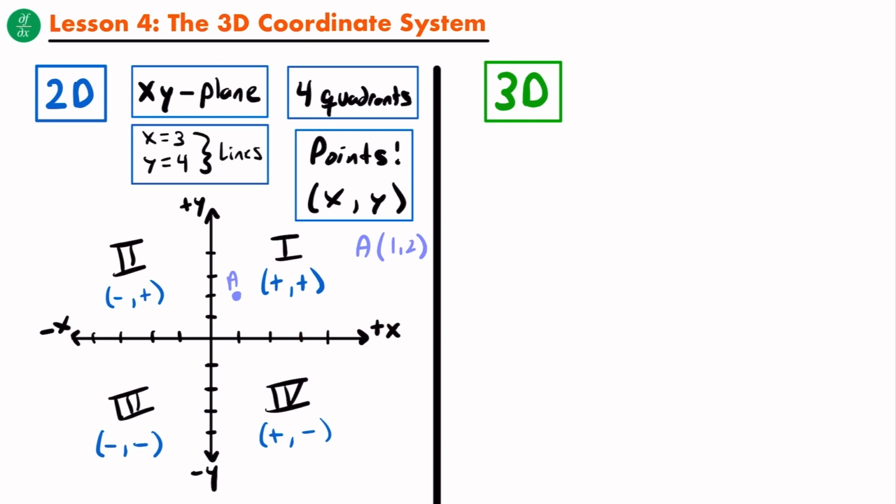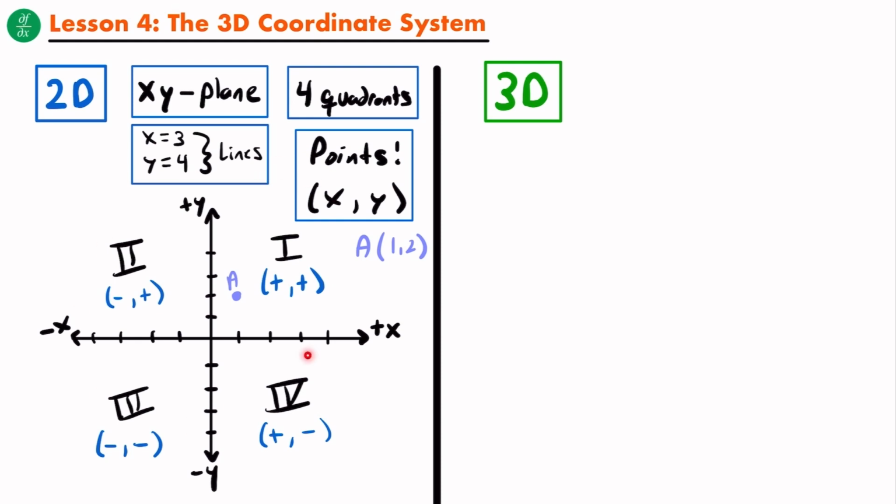In the same way, y equals 4 is a line that passes through 4 along the y-axis, and no matter what the x value is for any points along that line, the y value will always be 4, and that line extends in both directions forever. All right, so that's a good refresher on what the two-dimensional coordinate system is and how it works.